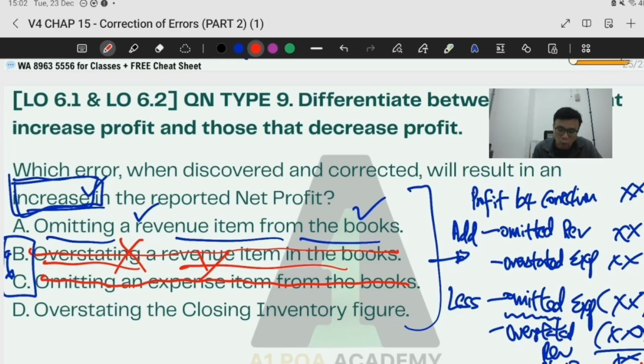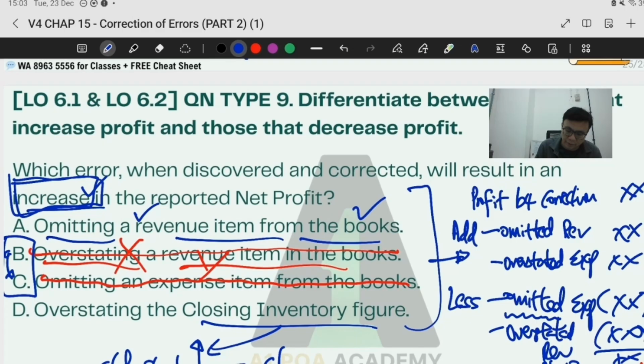D, overstating the closing inventory figure. We all know that for inventory, closing inventory, when your closing inventory is overstated, and when you reduce it, your profit will also reduce at the same time.